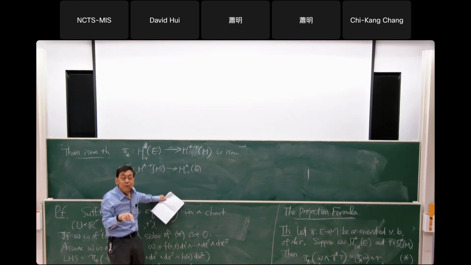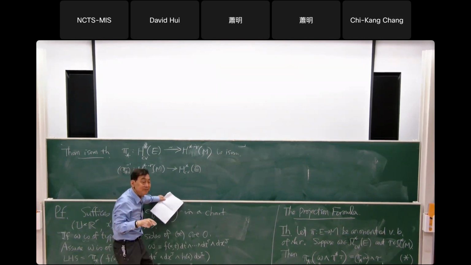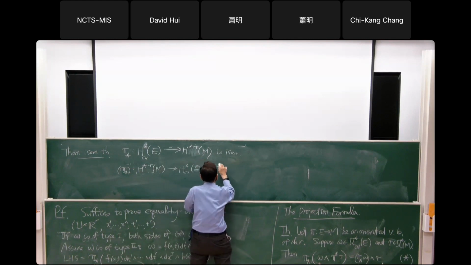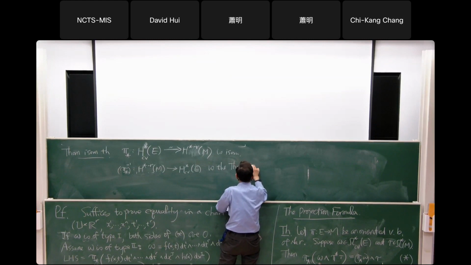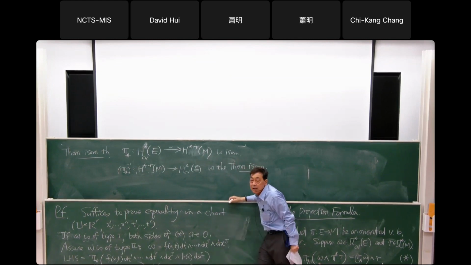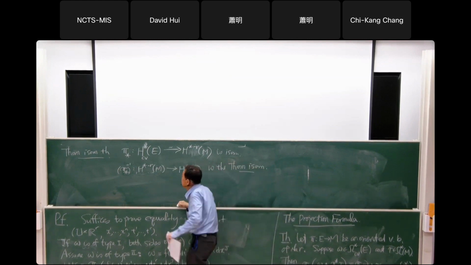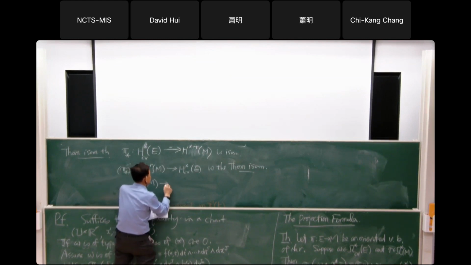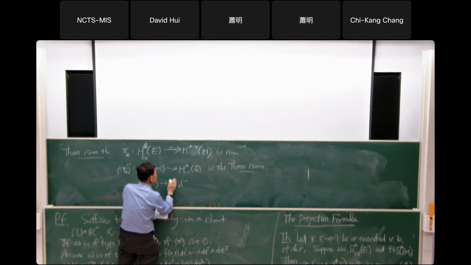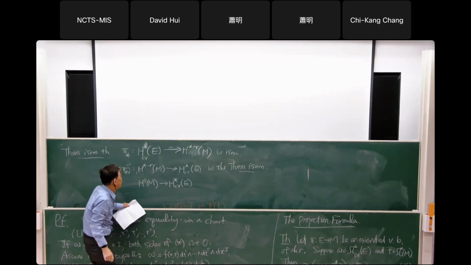Now, this inverse is called the Thom isomorphism. And so it is going to take H0 of M to H^r with compact support of E. Okay?